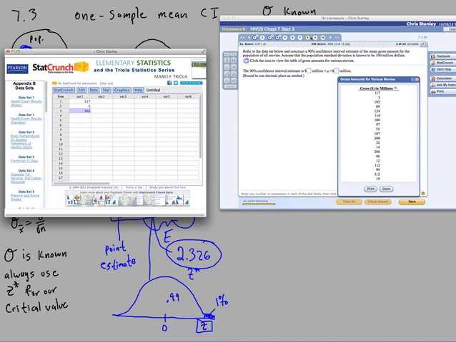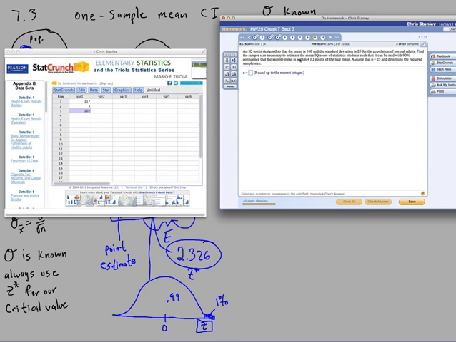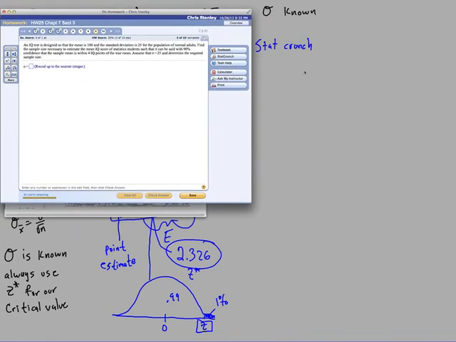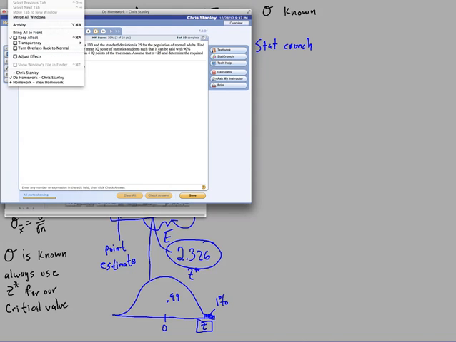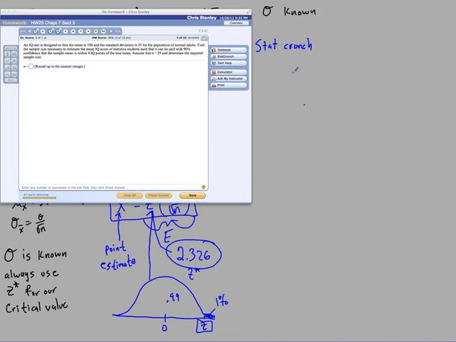Let's just leave that open. Try to get a backwards one. Okay, find the sample size. So the sample size formula is, I'll just go ahead and run this formula real quick for you.